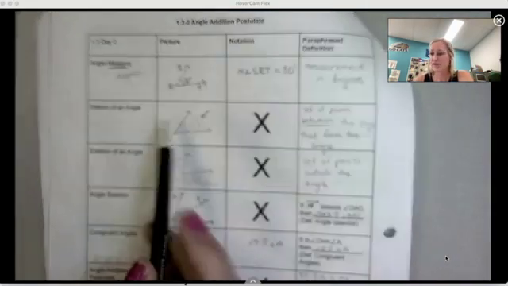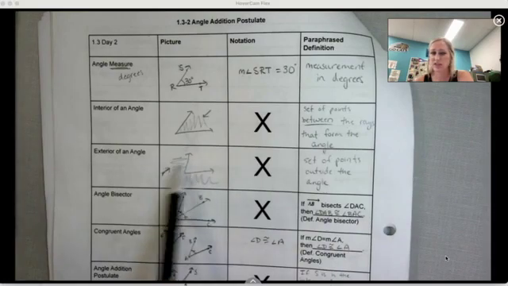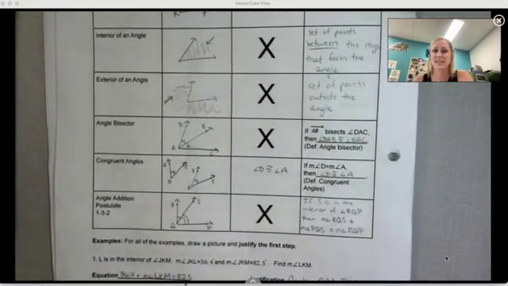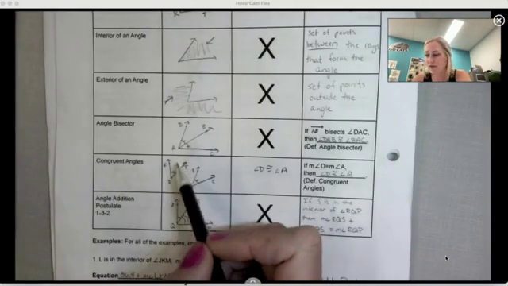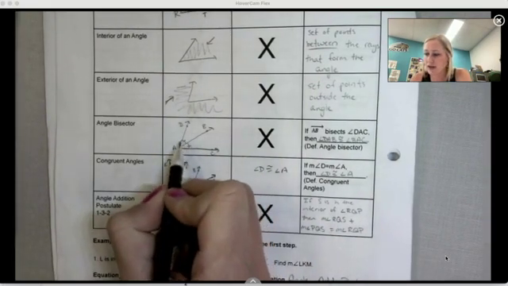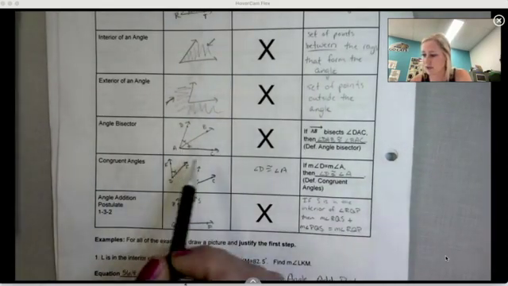Okay, interior of an angle means it's somewhere in between those two rays. If it's the exterior of an angle, it's outside those two rays. Angle bisector. So remember, bisect means to cut in half. So instead of cutting a segment in half, we're cutting an angle in half. So these markings right here, we got 2 different ones.